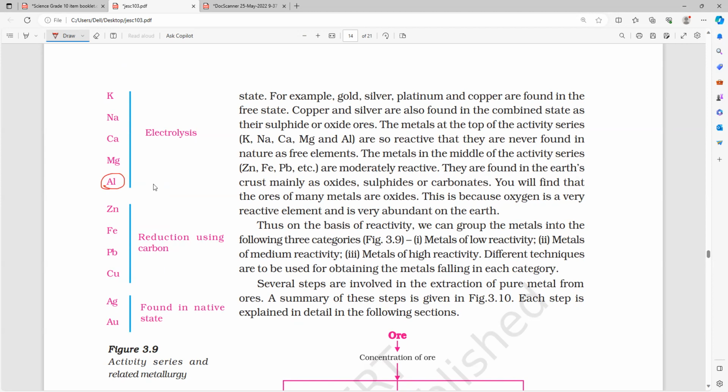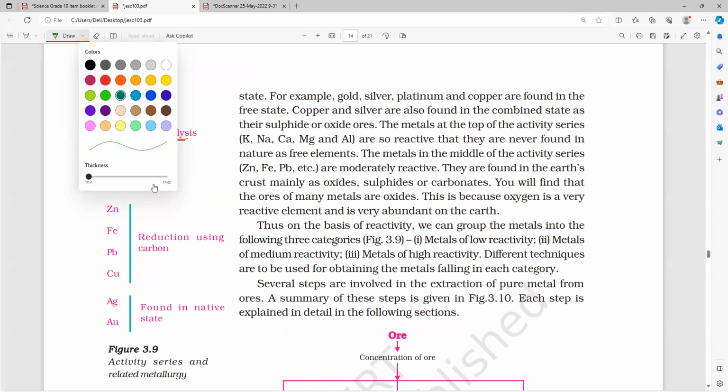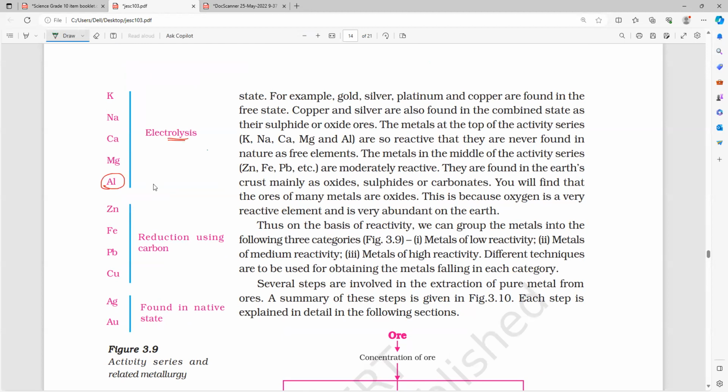How am I saying it is aluminum? By seeing the word electrolysis, I can say it is aluminum. Because zinc, iron, lead, copper undergo reduction with carbon.